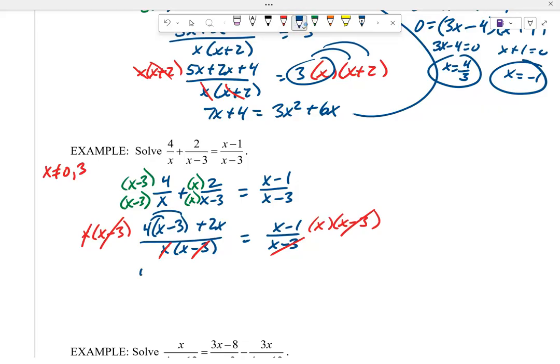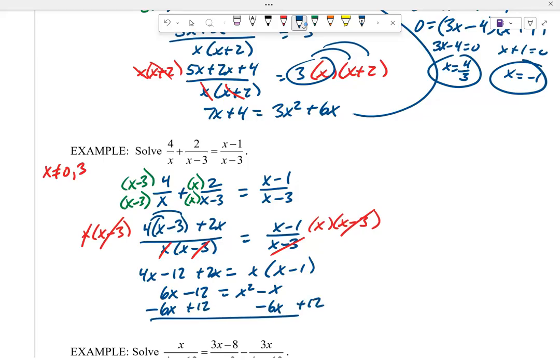So on the left-hand side I've got 4x minus 12 plus 2x equals x times x minus 1. Well, 4x plus 2x gives us 6x minus 12 equals x squared minus x. I am solving a quadratic, so I've got to get one side equal to 0. So I've got 0 equals x squared minus 7x plus 12.